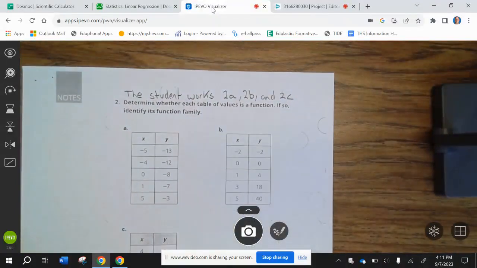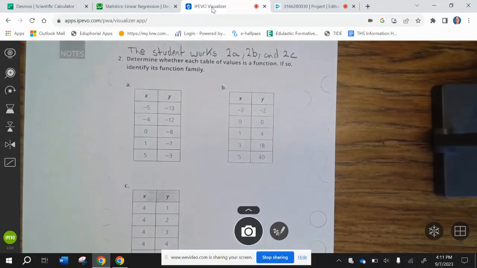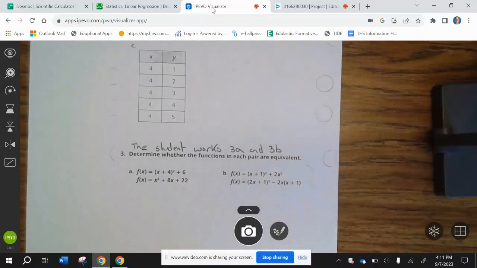All right, the student works 2A, 2B, and 2C. And then the student works 3A and 3B. All right, go ahead and finish your work in the book and your assignment, and have a wonderful Wildcat day.